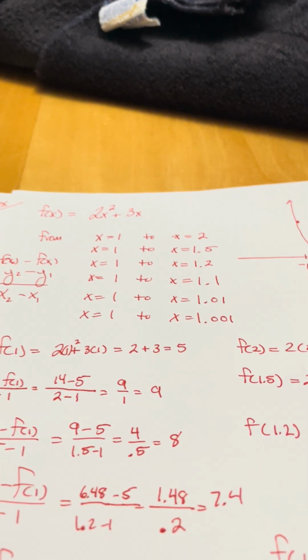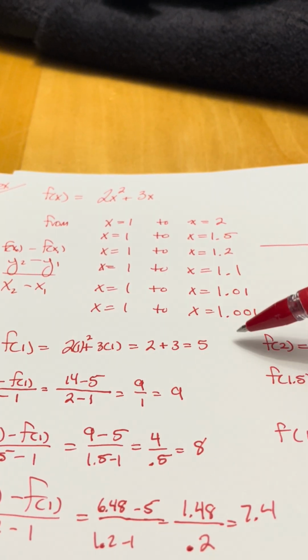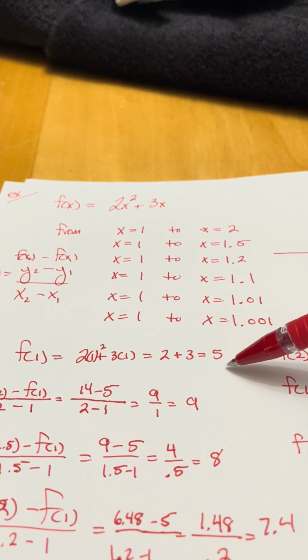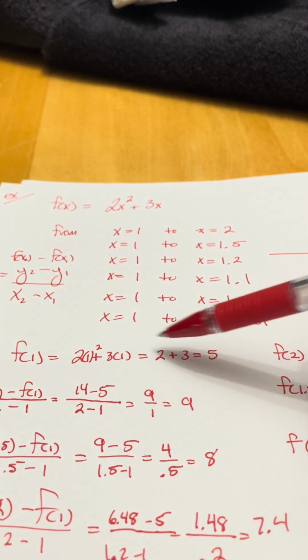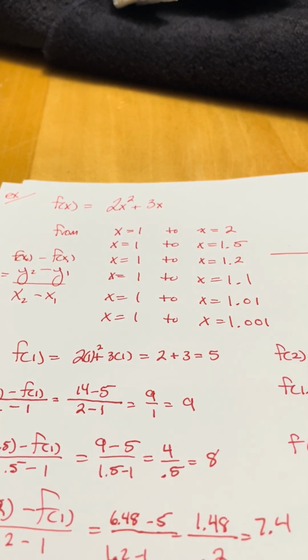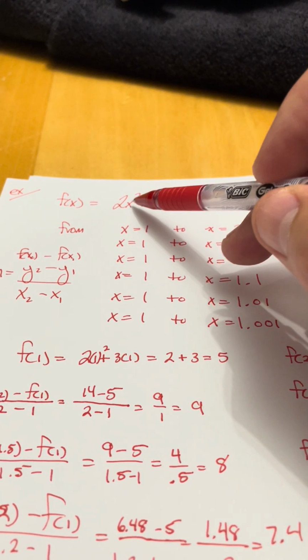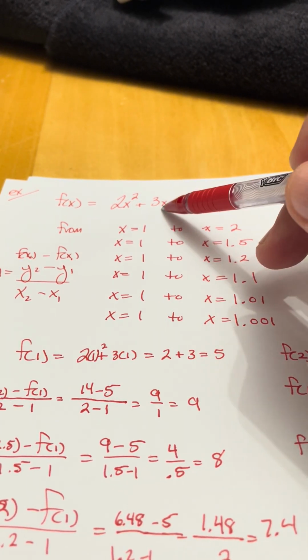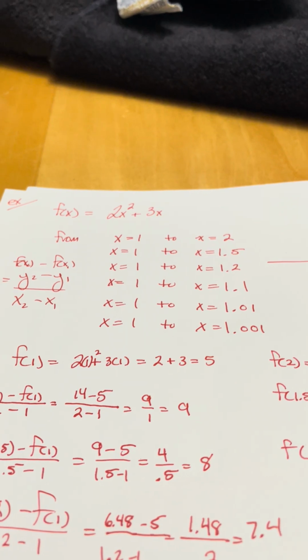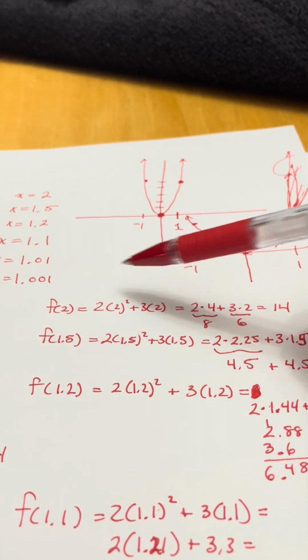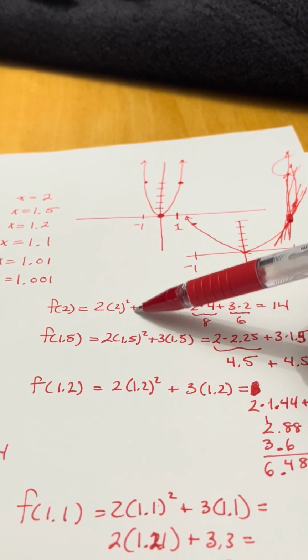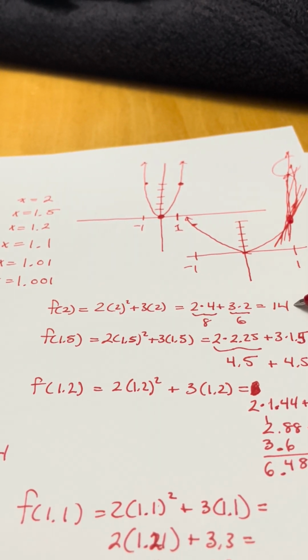So the first thing I did was, since we're concerned with the slope really at the point 1, that's our fixed point, that's our special point, we're going to plug 1 into the function, and I get a value of 5. So I take the 2, I put the 1 there, square it, and then I put the 1 there, and we get 5. Now I did all the other points. So I did f of 2, and it's 2 times 2 squared plus 3 times 2, and we get 14.